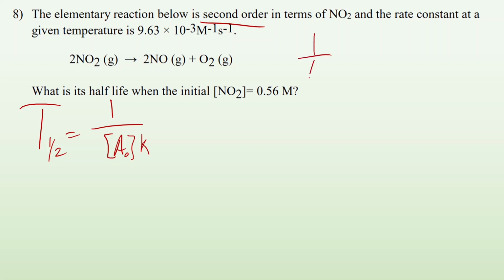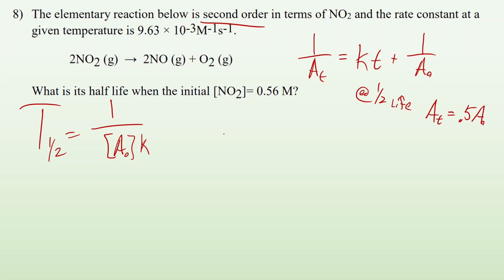You go, hey, it's 1 over At equals kt plus 1 over A0, and then at 1 half-life you know that At equals 0.5 of A0, and you can plug and chug and rearrange, and eventually you get this equation. It might be easier to remember than work through, but you could always work through it.